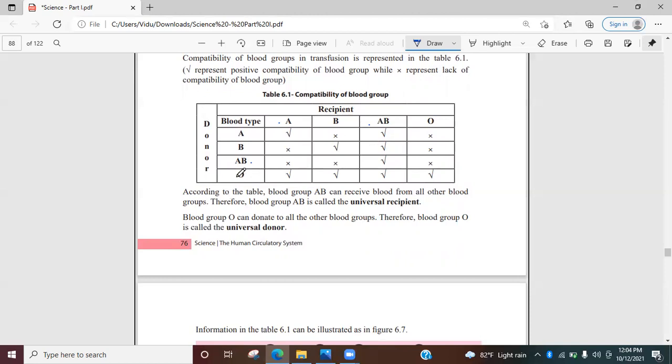And blood type O can be received by all four blood types A, B, AB, and O. So according to this table, blood group AB can receive blood from all other blood groups.